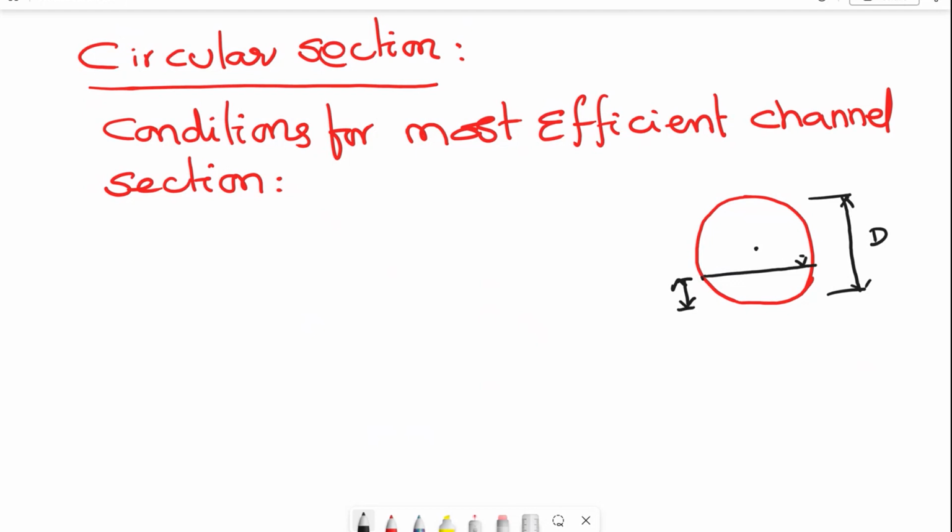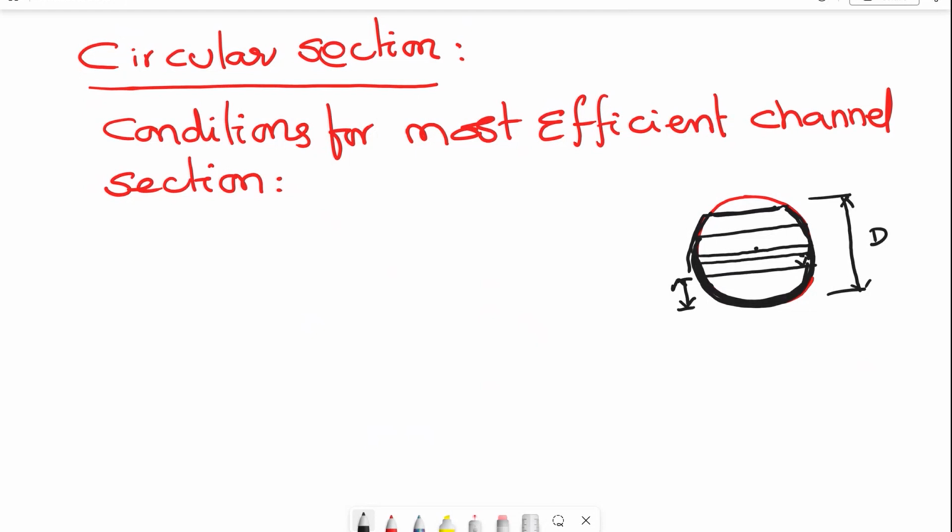Now if you see, the shape of the section is like this. Suppose the water is up to here, again this is different. Suppose the water is here, this is a semicircle. If the water is up to here, again what is happening? The boundaries are converging. As the boundaries are converging, the shape of the area of flow section is varying.